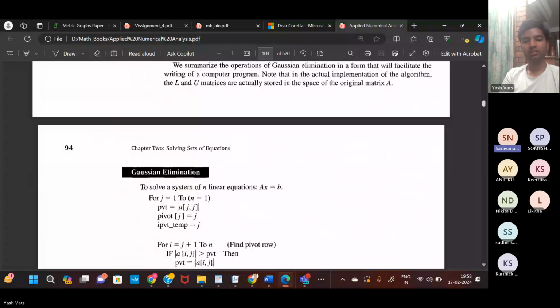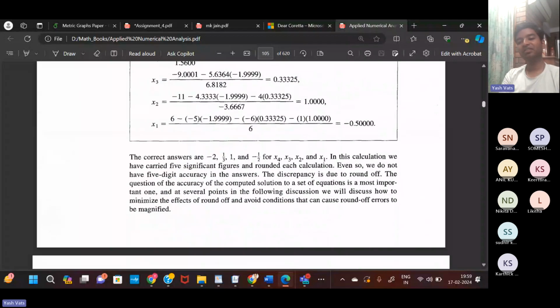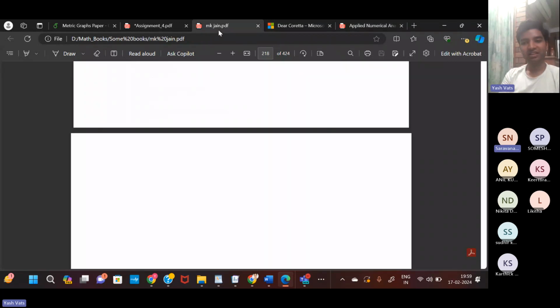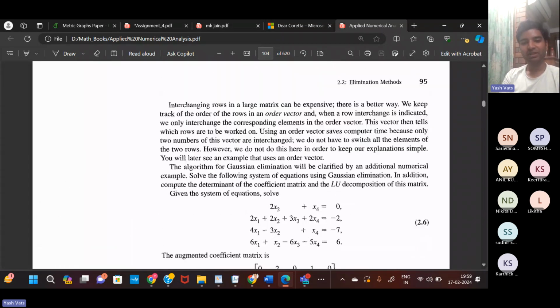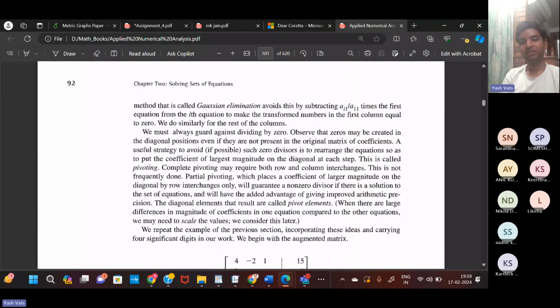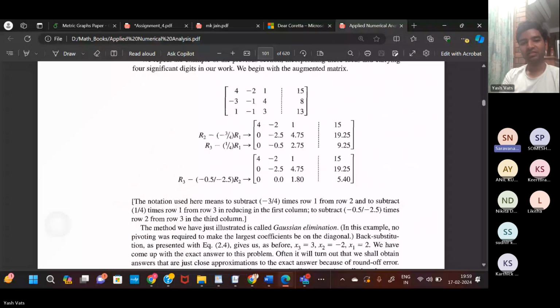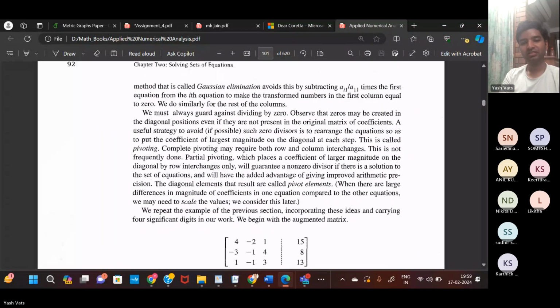The name of the author, sir? It's Gerald Wheatley, but the MK Jain book is good for understanding matrices. I was not able to open that book, so I switched. MK Jain, the title is Numerical Methods.